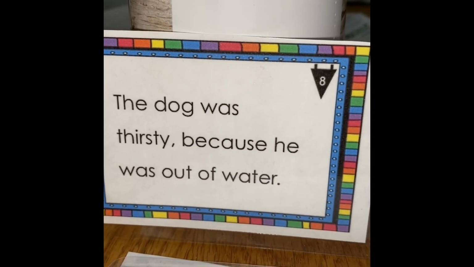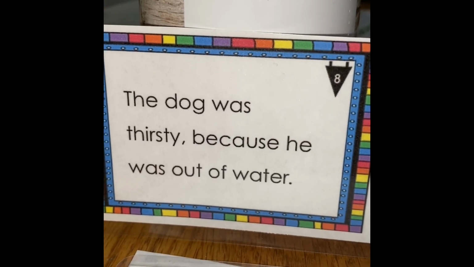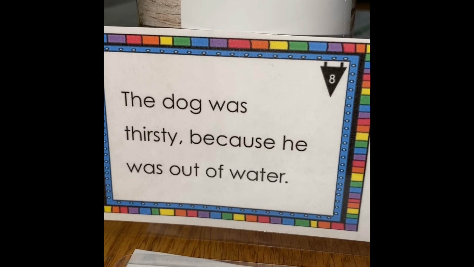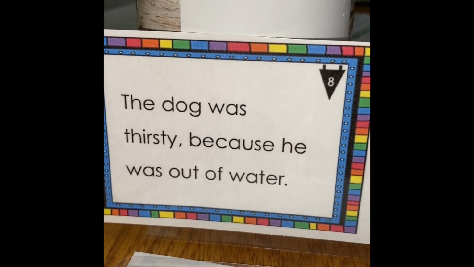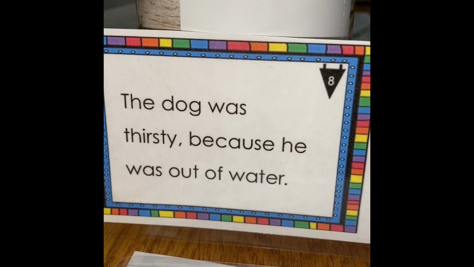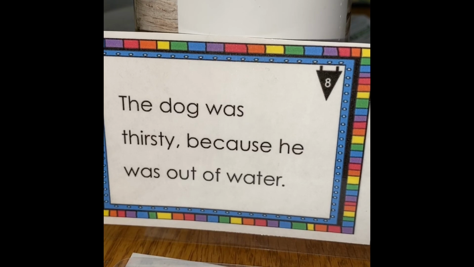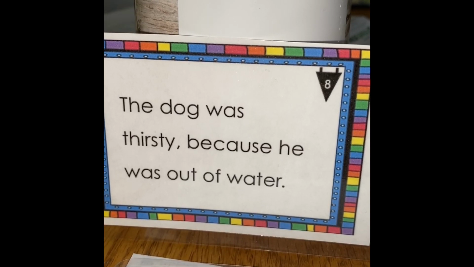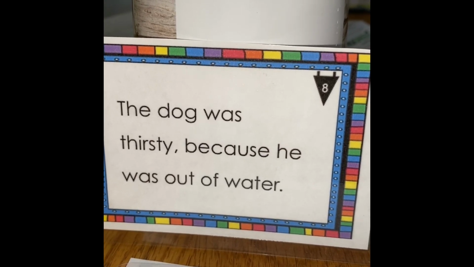The dog was thirsty because he was out of water. What's the cause? What's the effect? If you were thinking the cause, the reason, he was out of water, you're correct. And the effect, the result, the dog was thirsty. You are correct. Good job.